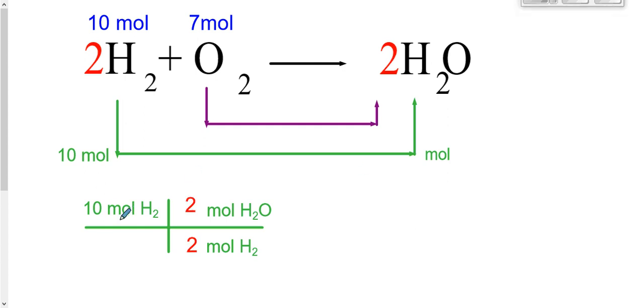Now, moles of hydrogen on the top cancels moles of hydrogen on the bottom, and we're left with moles of water. Doing the math, 10 times 2 divided by 2 gives us 10 moles of water would be made. How would this be different if we started with oxygen?